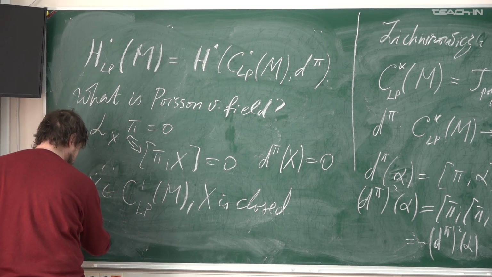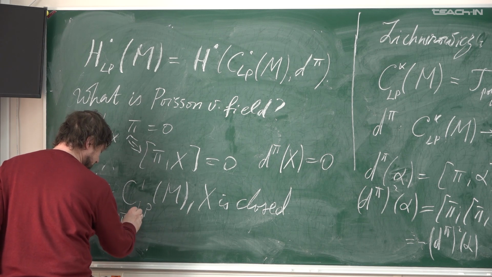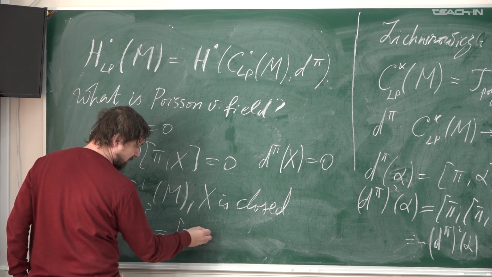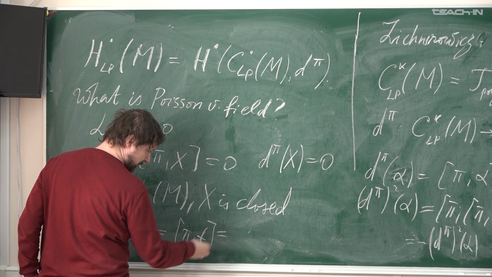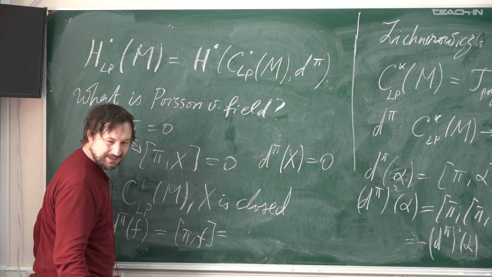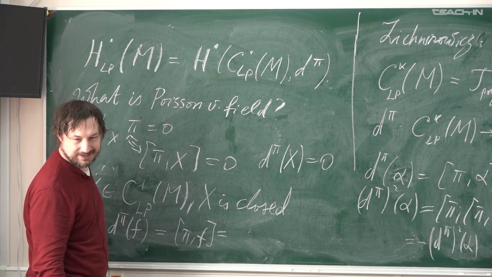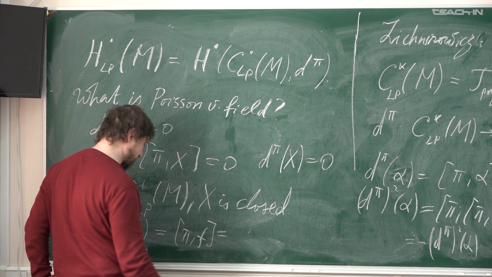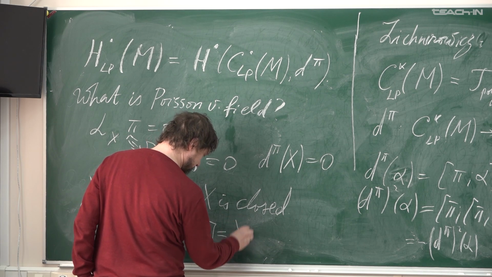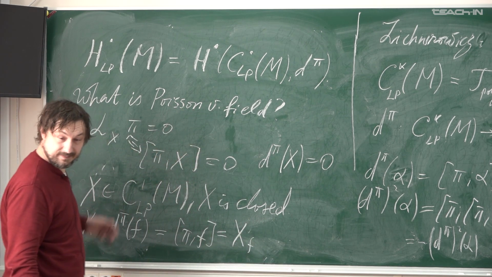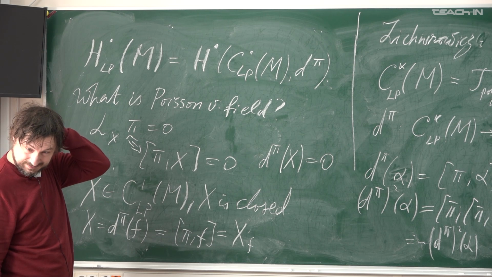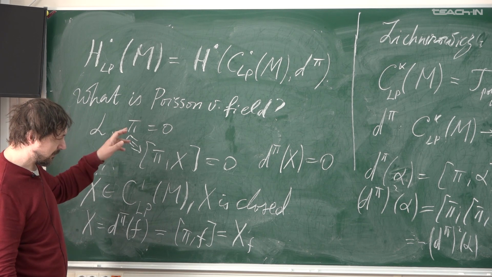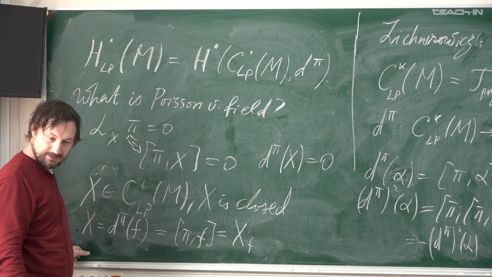Actually, it means that X is equal to d_pi of some function f. But as I explained, this is of course equal to the Hamiltonian field of f, up to the sign again. But the sign doesn't actually matter, right? When we just change f to minus f, we get X_f. So a vector field is now exact with respect to this differential if it is Hamilton.